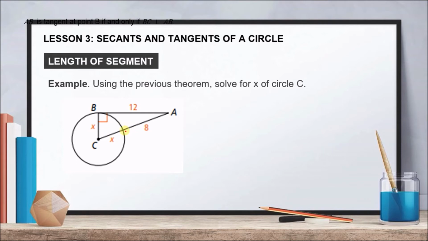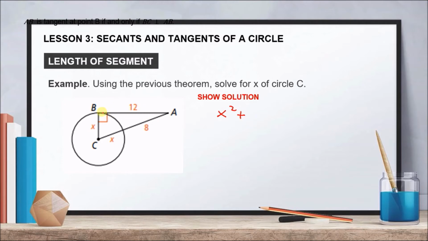So our example here is solve natin what is that value of x. Pythagorean tayo. Square the left side, or one of the legs will be squared. That will be added to the square of the other leg.